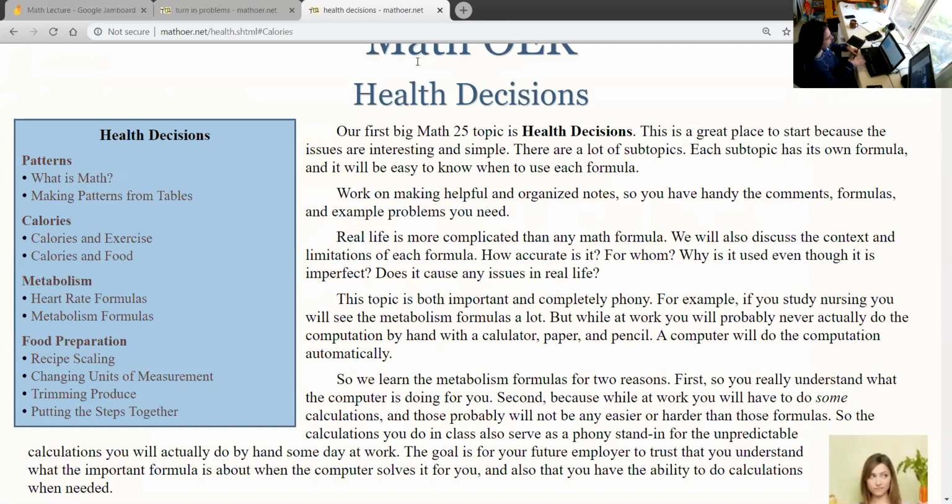Questions on metabolism or food preparation?